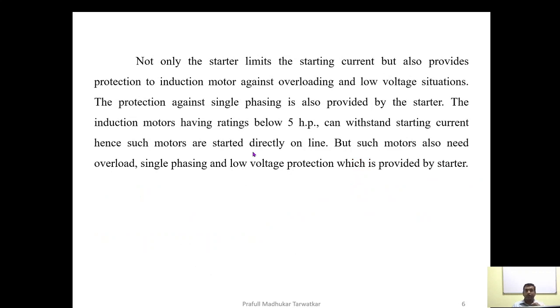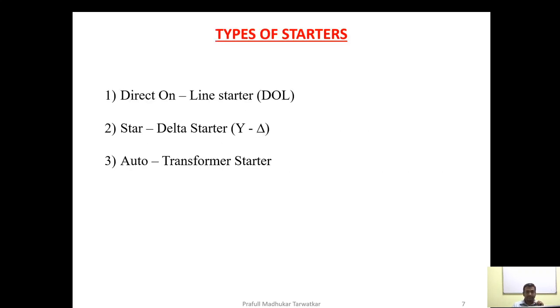The starter not only provides reduced voltage at starting, but also provides additional protection to the induction motor against overloading and low voltage situations. When there is a short circuit or overloading, protective devices incorporated in the starter itself take care of those situations.